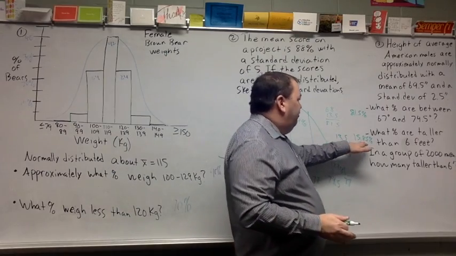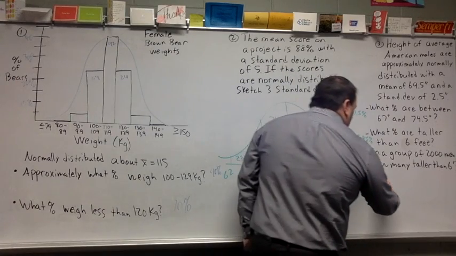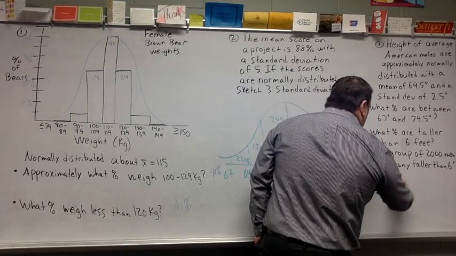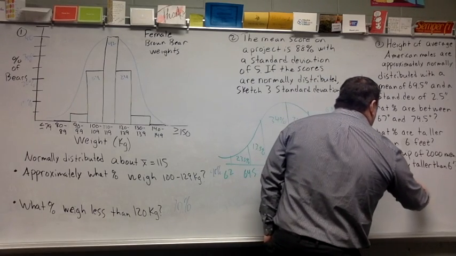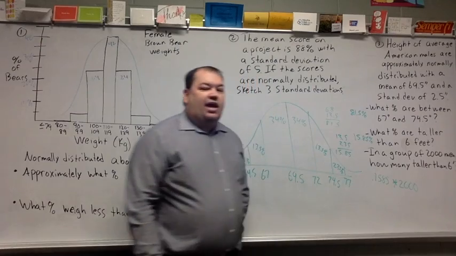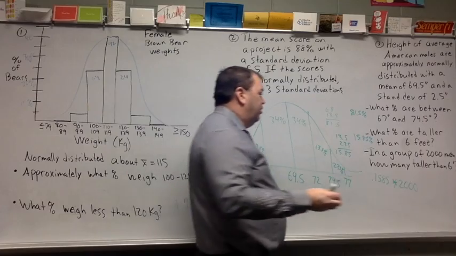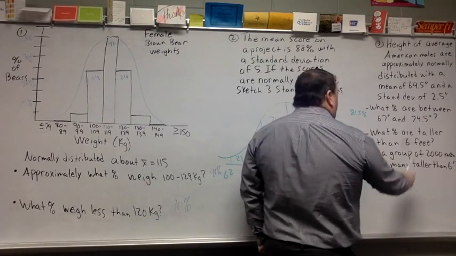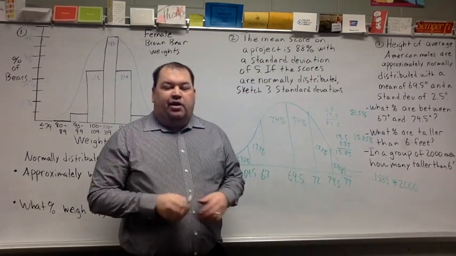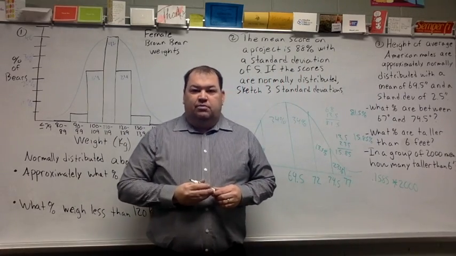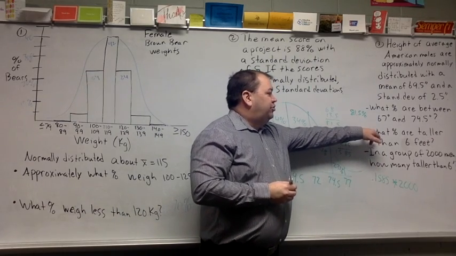So if I take that 15.85%, and I'm going to turn that back into a decimal, 15.85%, and I multiply it by 2,000, now I have an actual number. Okay, I would have an actual number of how many men I would expect to be taller than 6 foot if I would look at an average group out of 2,000.